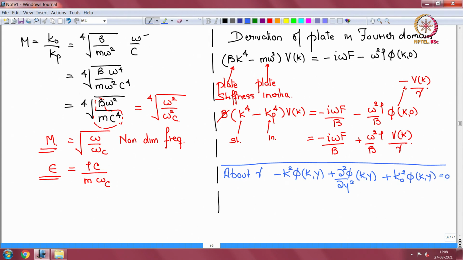This is what we got. Then we have del 2 phi by del y square at k comma y equal to k square minus k0 square phi of k comma y.